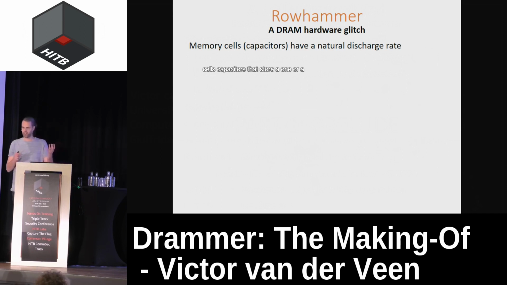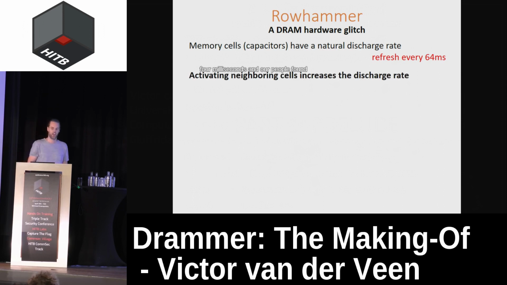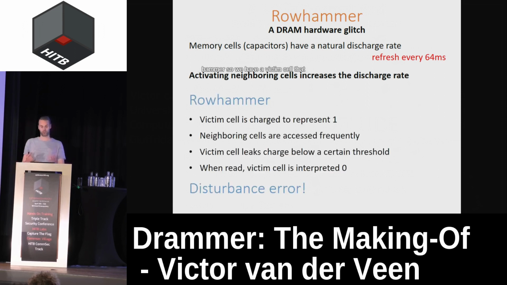You have these memory cells, capacitors that store a 1 or a 0 by storing a charge. And these cells have a discharge rate. So that's why we need to refresh our DRAM every 64 milliseconds. And now people found that if you activate neighboring cells very frequently, you can increase the discharge rate, and you end up with Rowhammer.